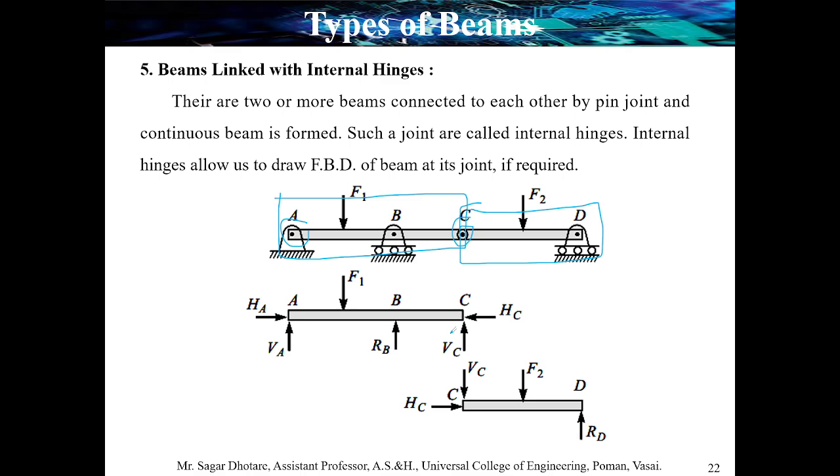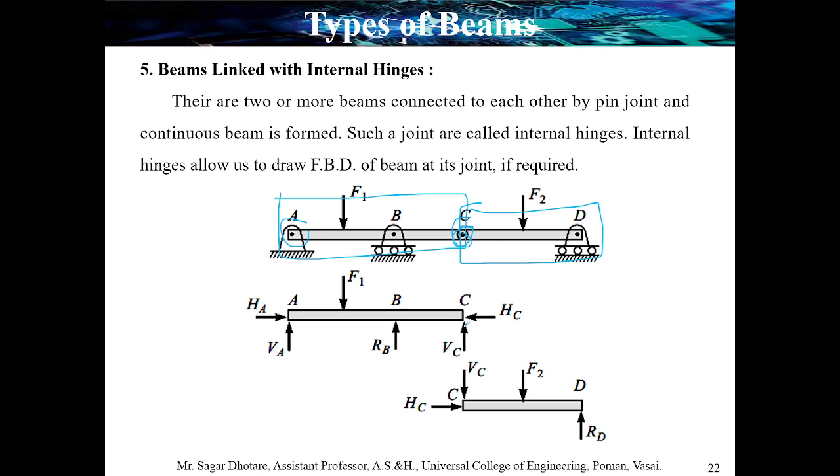Now equal and opposite for C to D. Your component is acting vertically, because this force is acting vertically over here, and the hinge is behind this force, or you can say after the support.